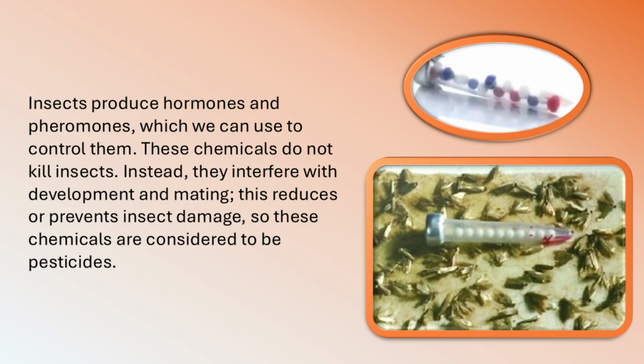Insects produce hormones and pheromones, which we can use to control them. These chemicals do not kill insects. Instead, they interfere with development and mating. This reduces or prevents insect damage, so these chemicals are considered to be pesticides.